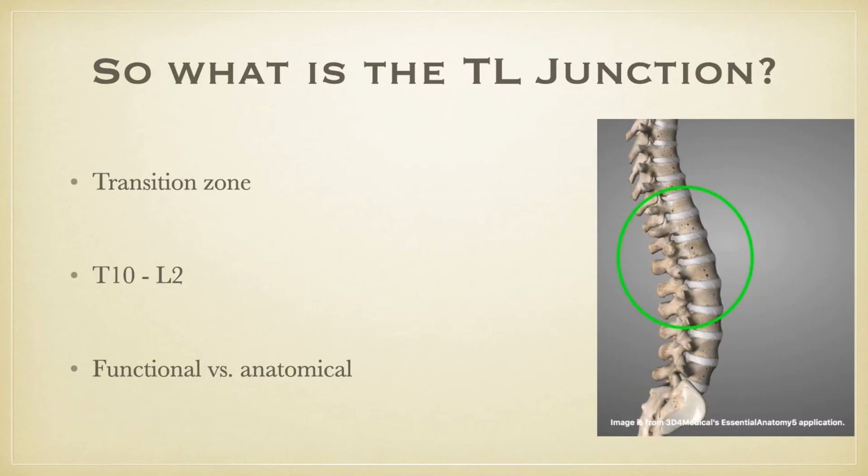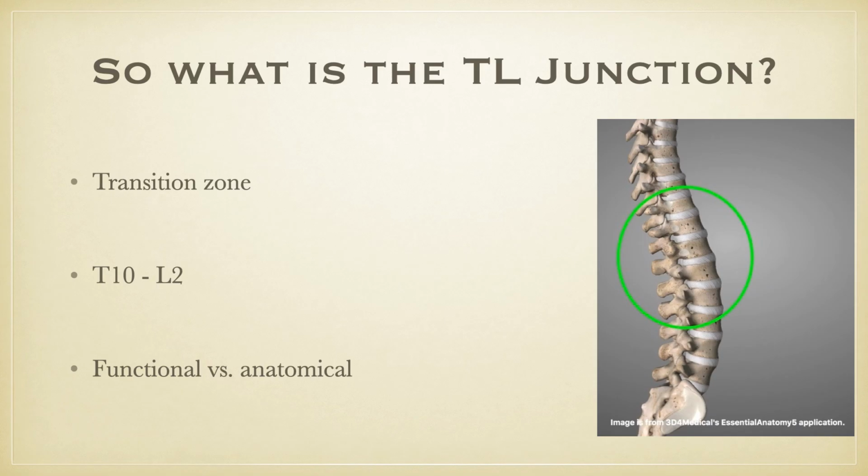We'll move to the next one and ask, what actually is the thoracolumbar junction? A lot of you might just think of the typical anatomical definition of T12-L1, the end of the thoracic spine and the beginning of the lumbar spine. But in reality, it's a transition zone altogether. You see that I have circled a pretty wide, big area on this spinal model.